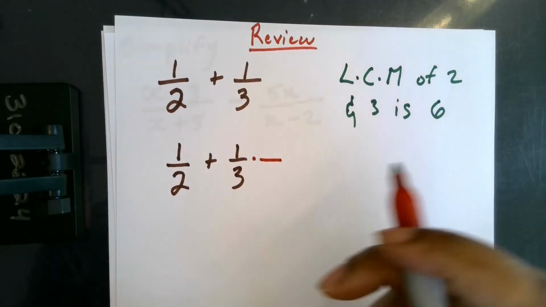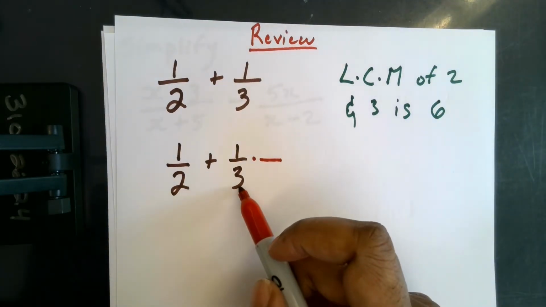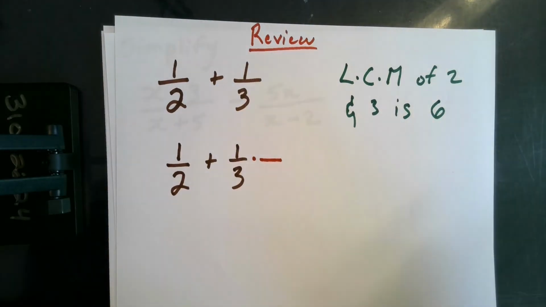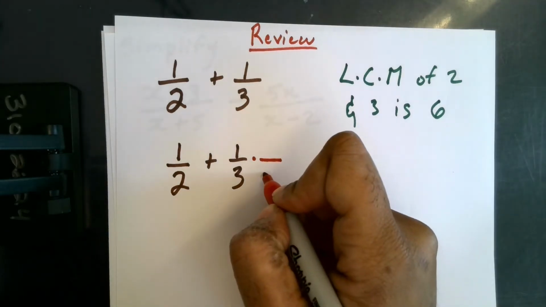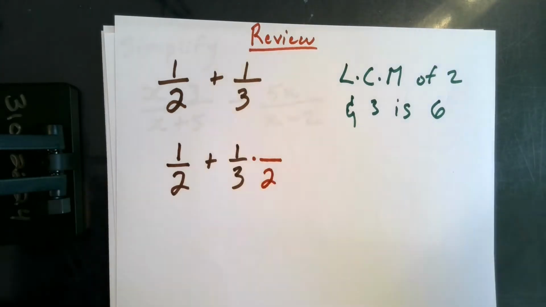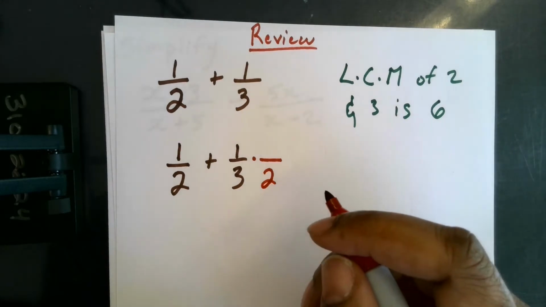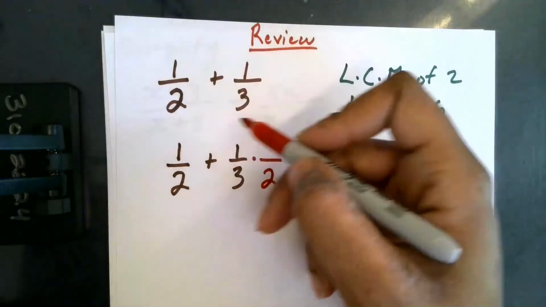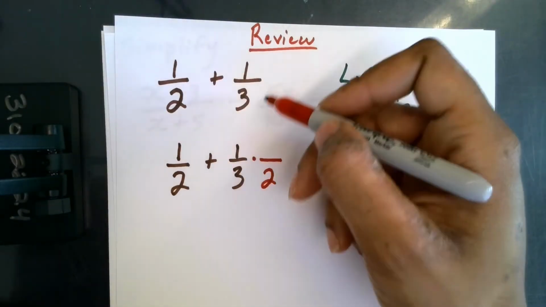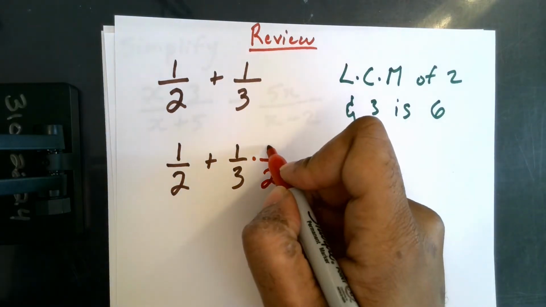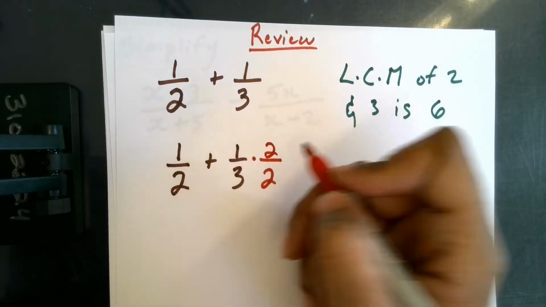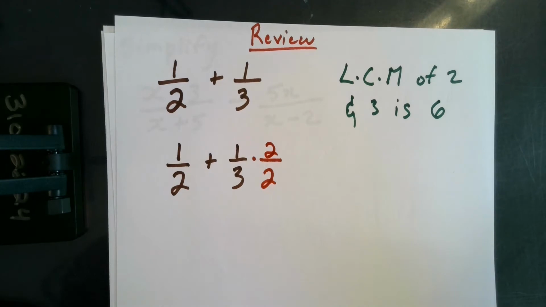So what am I going to multiply 3 by to get 6? It has to be 2, right? And to keep the value of this fraction, I need to multiply the top by 2 as well. All right.